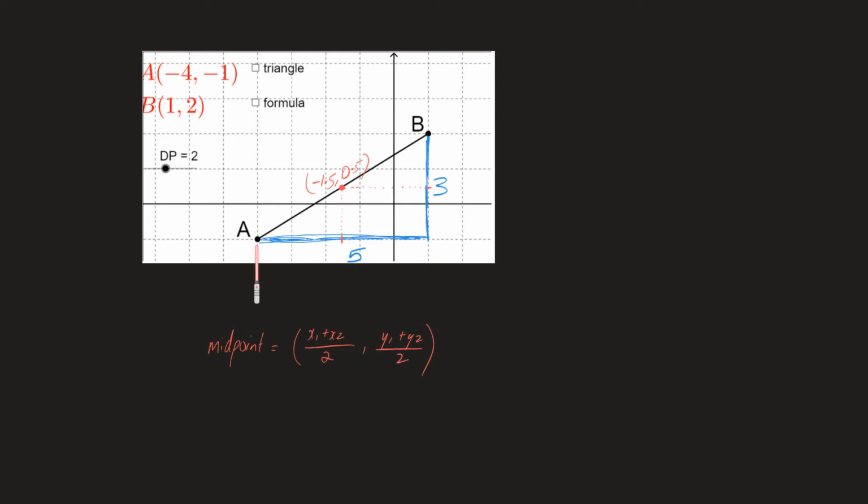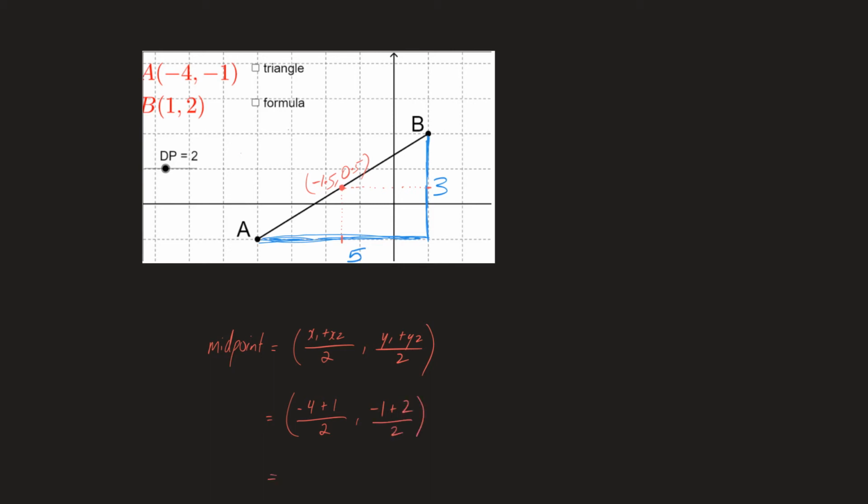Because what I've done, A is -4, so I'll go through and show you how that works. So -4 plus my x coordinate here, 1, over 2. My y1 coordinate is -1 plus my y2 coordinate 2, divided by 2.